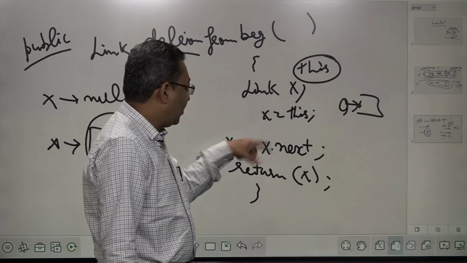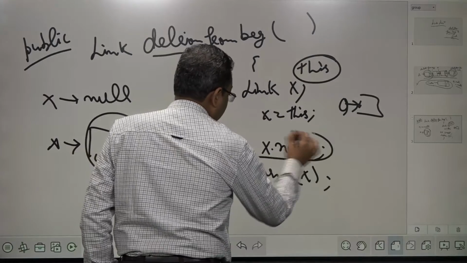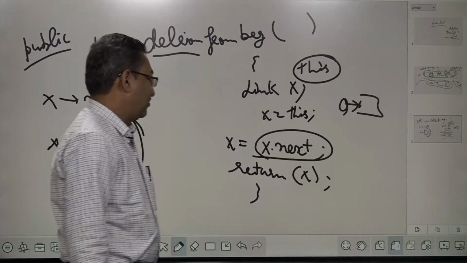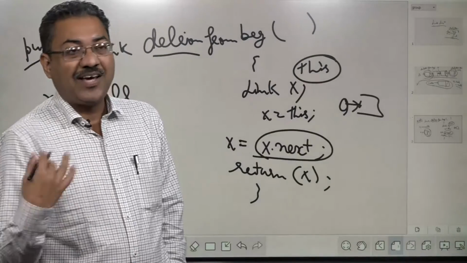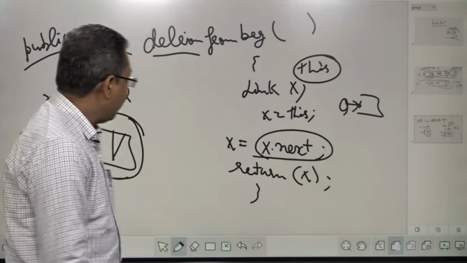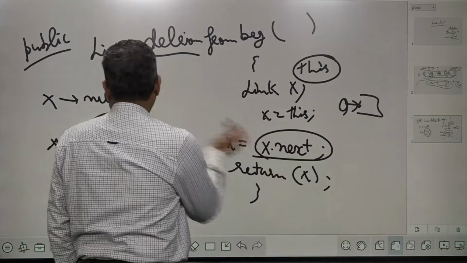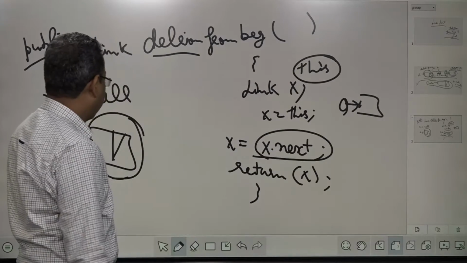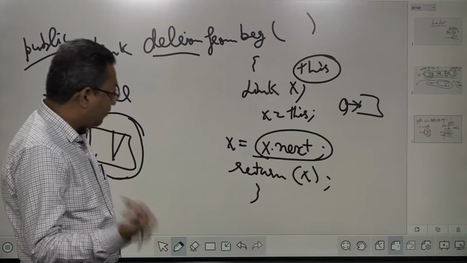No. It will throw an exception. Where will the exception be? Null dot next is not there. Null cannot call any member variable of the class or the object. So this will throw an exception. So this is not considering these cases, right? So you have to work for this.